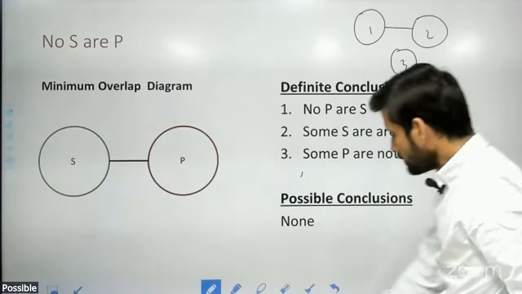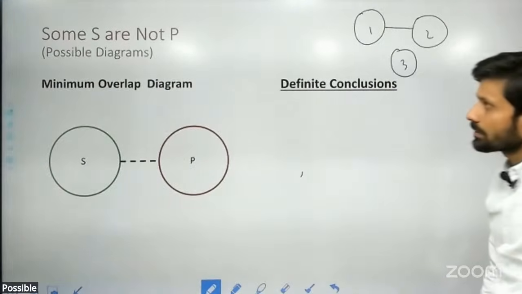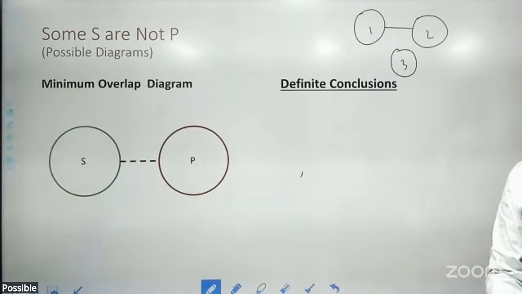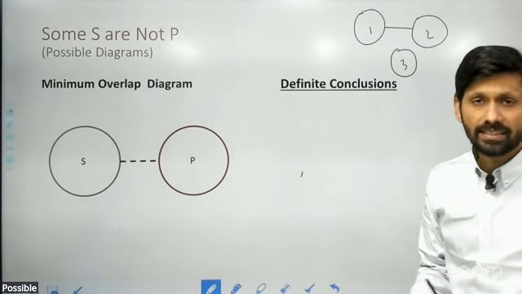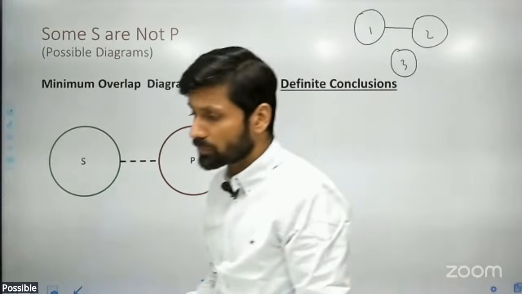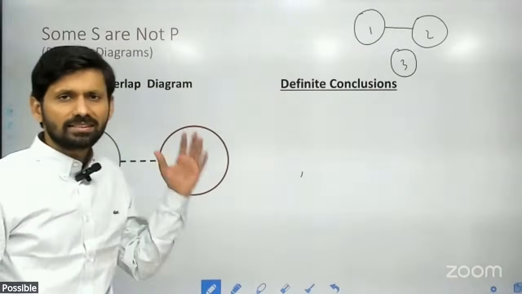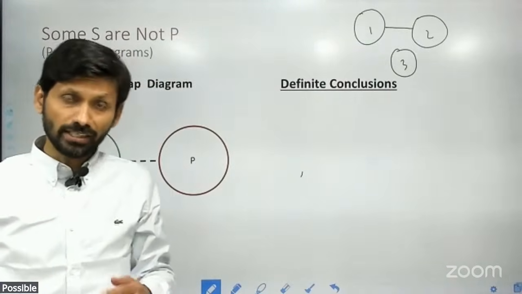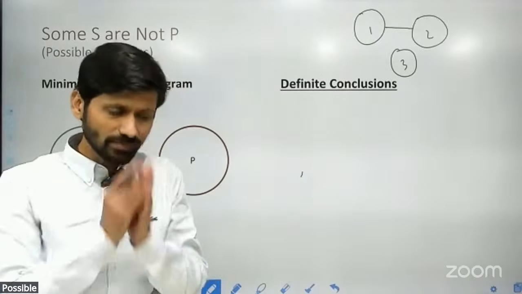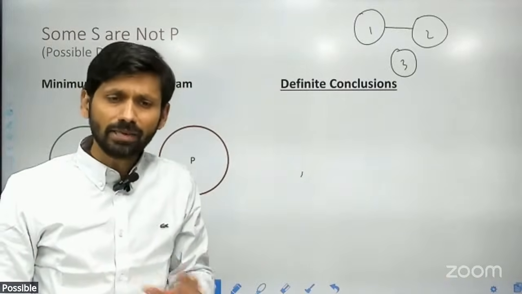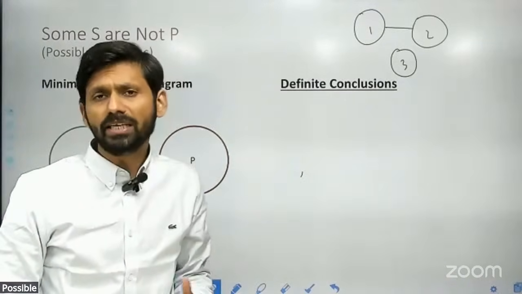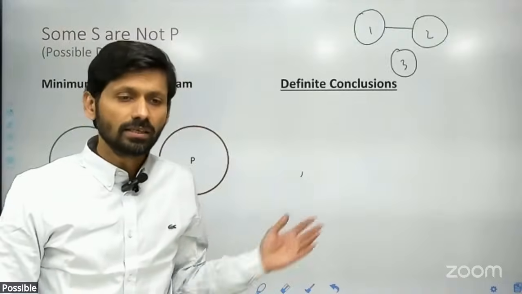The next one is some SR not P, and this is an interesting one because it tends to confuse people. Some SRP, whether it comes as a statement or as a conclusion, is a tricky one. But I'm sure at this stage, you have solved many syllogism questions already.